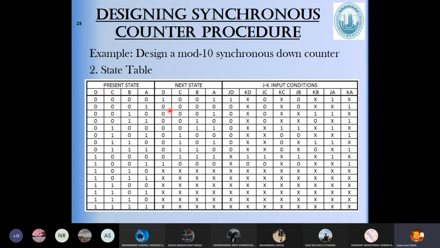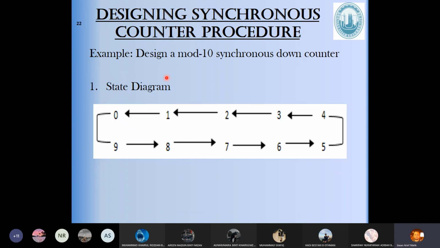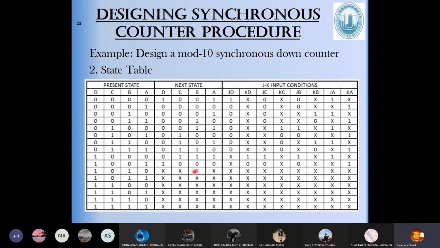So 2 going to 0, 0, 0, 1. 3 going to 2. 4 going to 3. 5 going to 4. 6 going to 5. 7 going to 6. 8 going to 7. 9 going to 8. Then where does 10 go? It is not in the sequence. So it goes to unknown. Up to 15 is unknown. Okay. So present state is arranged as usual, in ascending order.